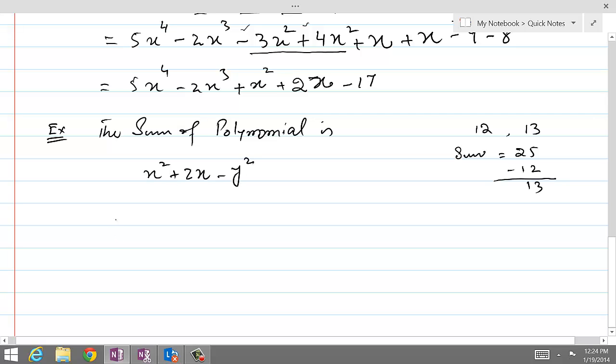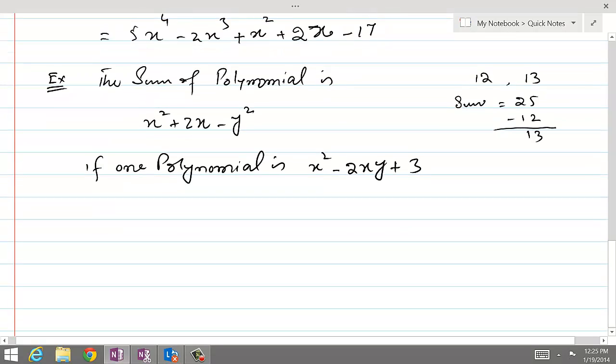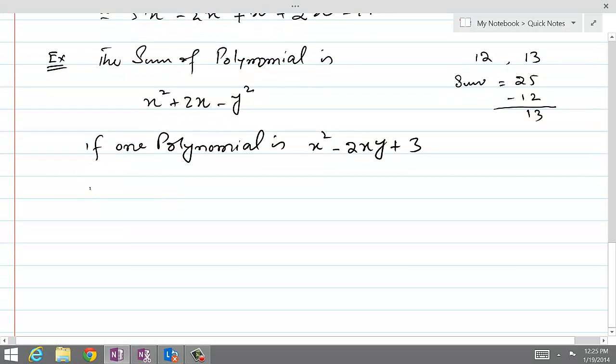If one polynomial is x square minus 2xy plus 3, then find the other polynomial.